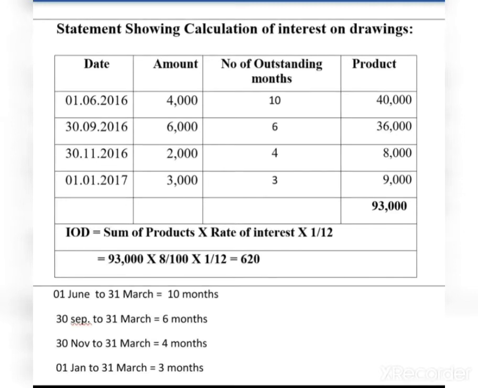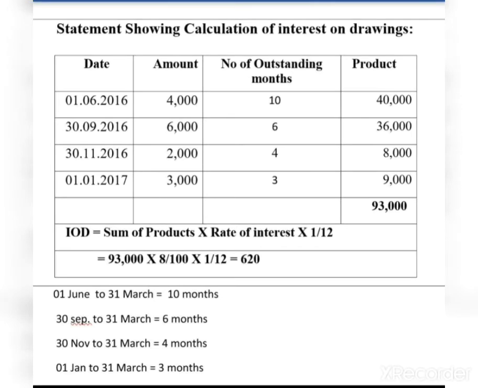In this question, we need to prepare a statement showing calculation of interest on drawings. We need to prepare 4 columns. First one date, second one amount, third one number of outstanding months, otherwise we can write time period, fourth one product. In the first column we will write all the dates of drawings.